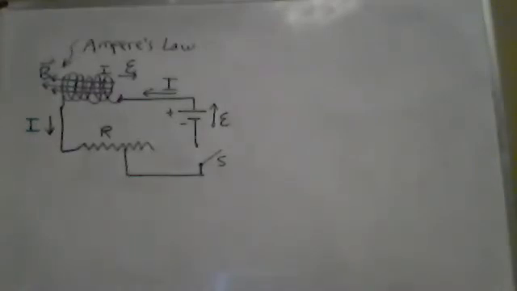You can think of there always being a voltage drop for any circuit element. We had IR from Ohm's law for a resistor. We had Q over C for the capacitor. We need to establish a voltage drop here, and that's because of Lenz's law.